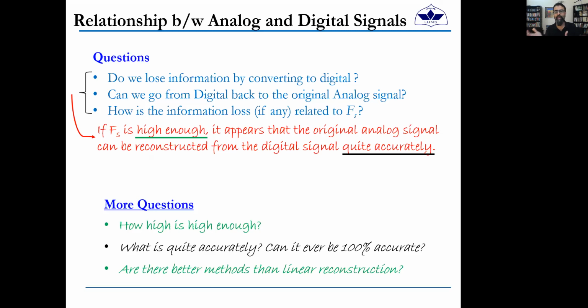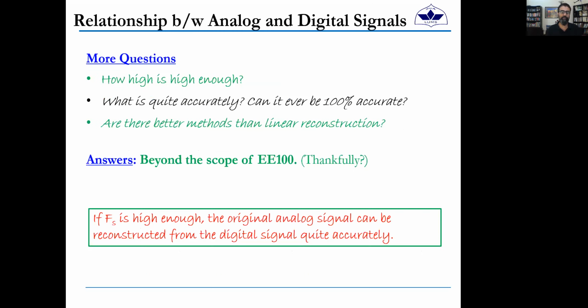Similarly, when you say quite accurately, what do you mean by quite accurately? This is not really a scientific term. And can it ever be 100% accurate? It turns out that there are very scientific answers to these questions, in a theory which was developed, maybe surprisingly to you, more than a century ago.